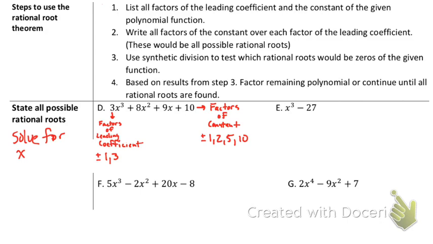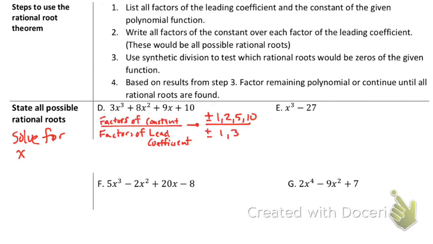Okay, so now that we have the factors of the constant and the factors of the leading coefficient, step 2 says write all the factors of the constant over each factor of the leading coefficient. Okay, to do this, I'm going to reorganize really quick, and this is what it should look like. So step 2 looks something like this, but we're not completely done with step 2.